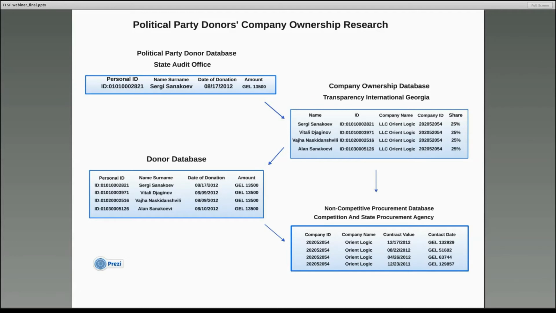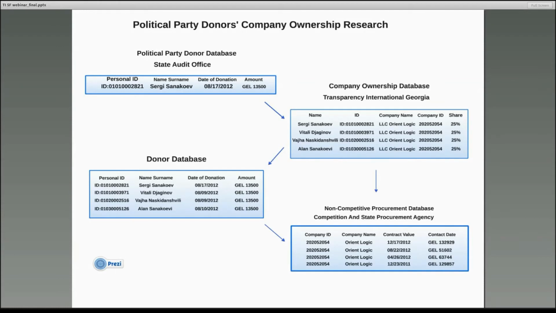We have his personal ID in the State Audit Office database, and by this database, he has donated 13,500 Georgian laris, which is about 10,000 US dollars, on 17th of August 2012 to the United National Movement.